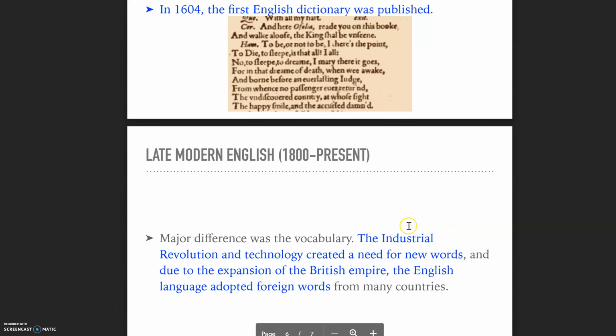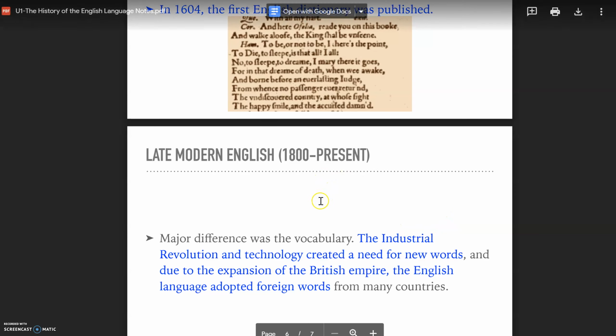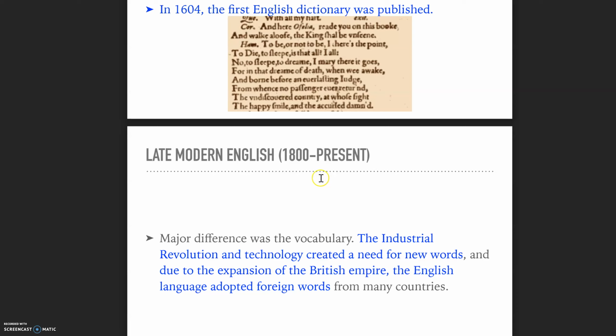Moving forward into late modern, this was from about 1800 to present day in England. The major difference, of course, is the vocabulary. The Industrial Revolution was happening during the first part of that time period.